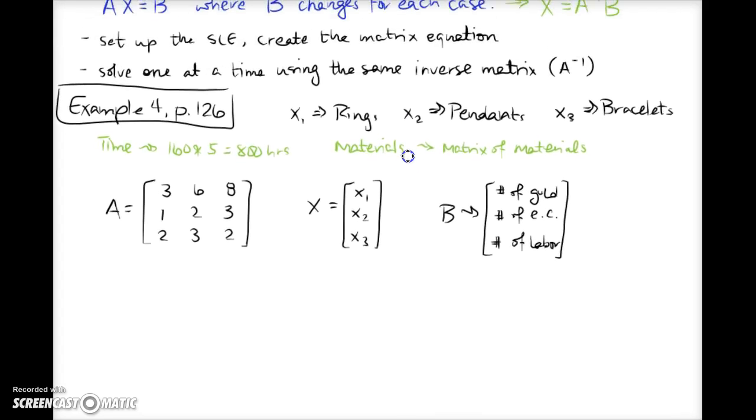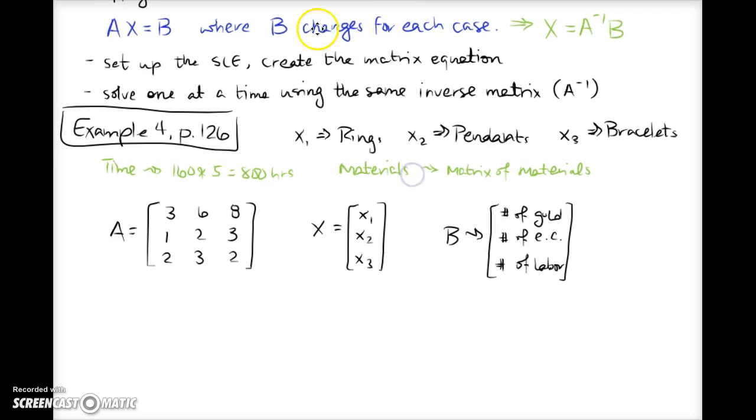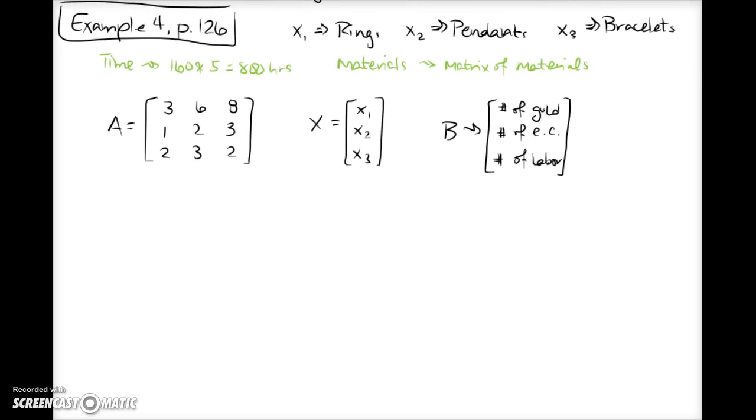Just like how we said, when you're applying this equation and you're using your inverse matrix, that B matrix is going to change for each case. In our problem, in this particular example, the part that's going to be changing is right here. These 2 values are going to be based on what month it is. So based on the month.